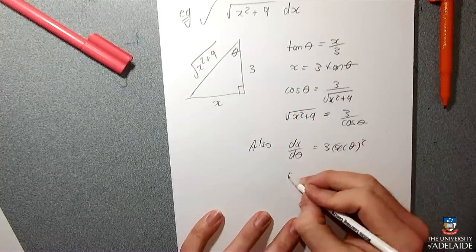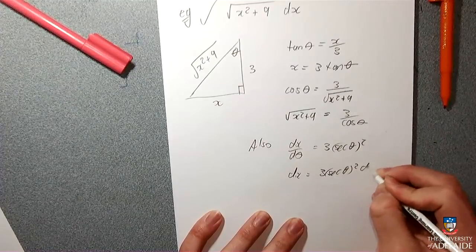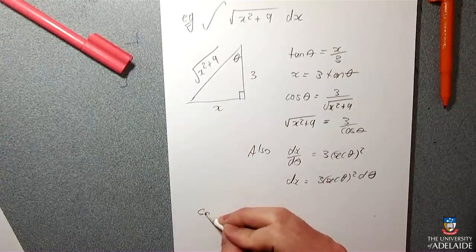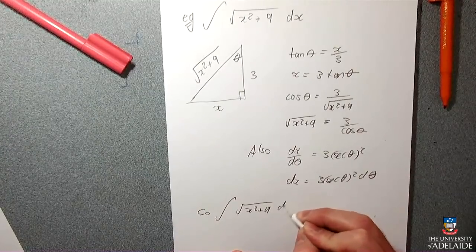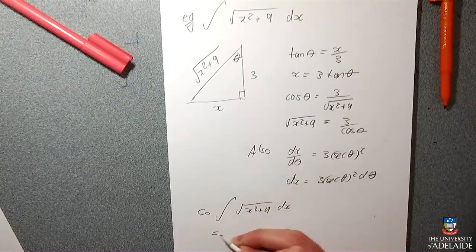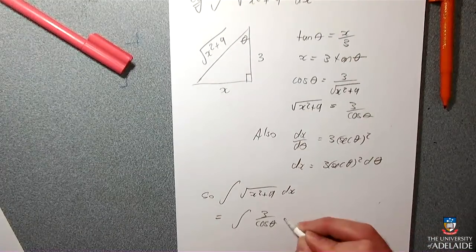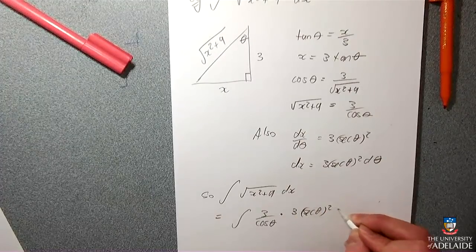Okay. It feels easy now, but the next bit's hard. Okay, so this root becomes 3 on cos theta, and this dx becomes 3 sec theta squared d theta.